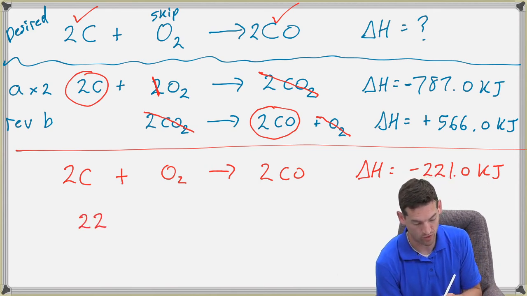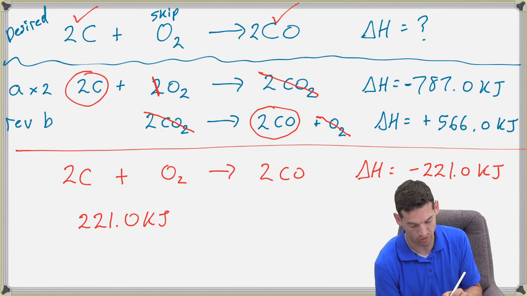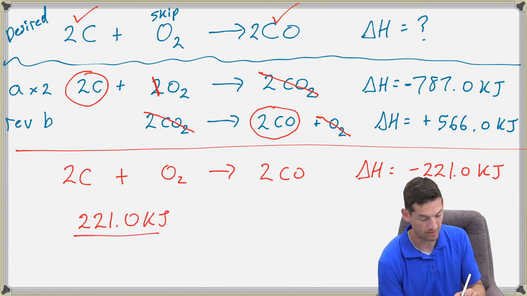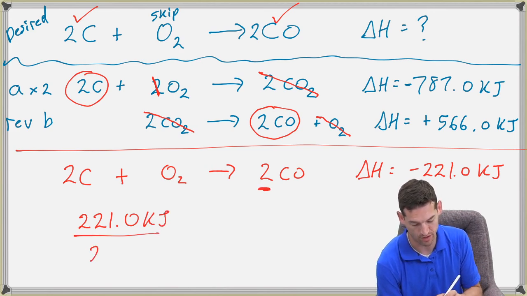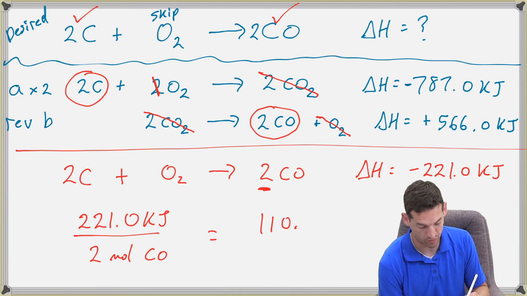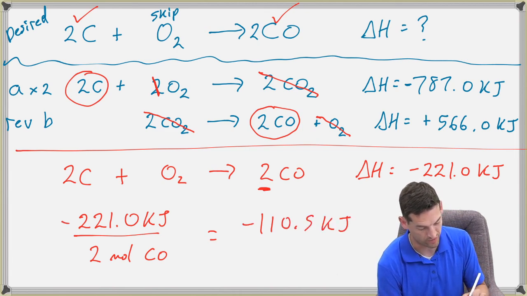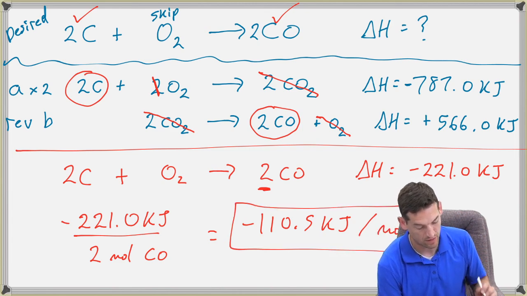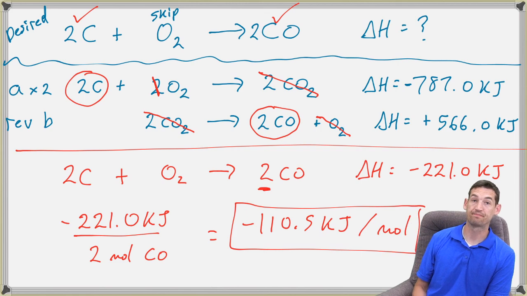If I take 221.0 kilojoules, divide it by moles of carbon monoxide, gives me 110.5 kilojoules. And there's my final answer.